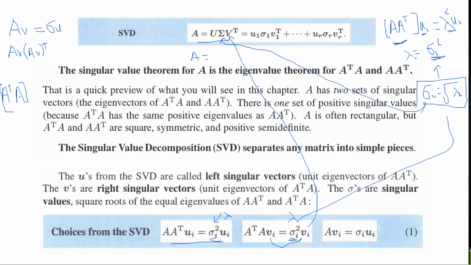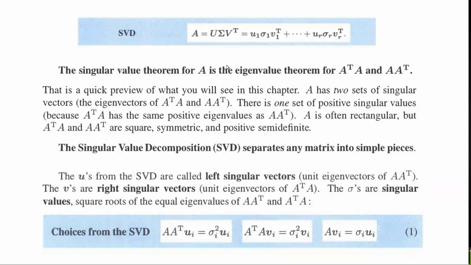So in short, the singular value decomposition is taking a matrix A, any matrix, mostly rectangular in our cases, and decomposing it into the product of three matrices, U, sigma, V transpose. Now, the take-home point here, and how it's different from the eigenvalue decomposition, which was given by X lambda X inverse.